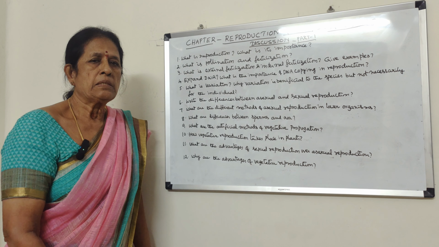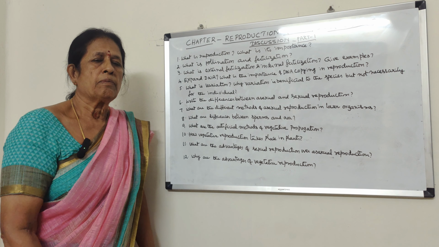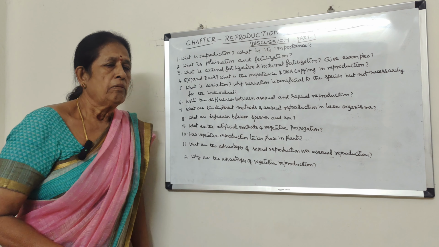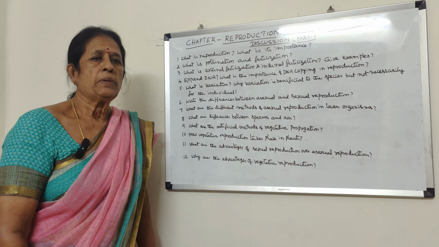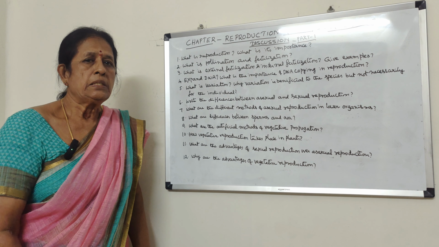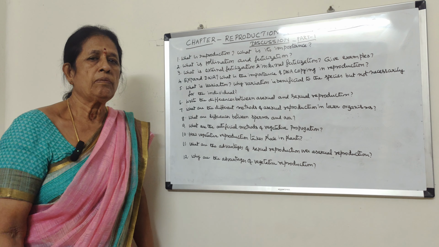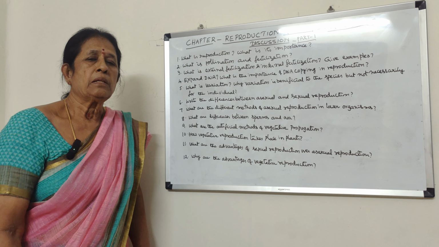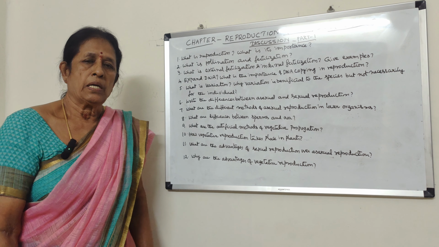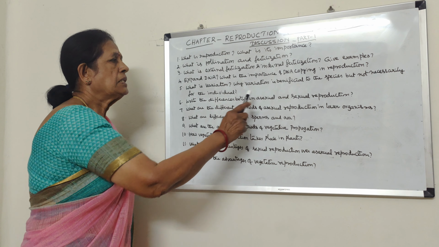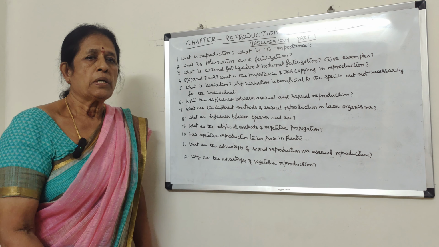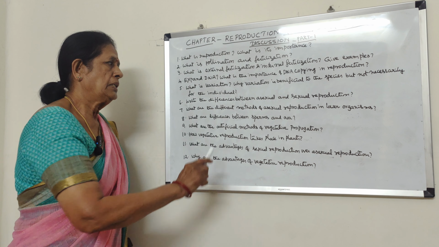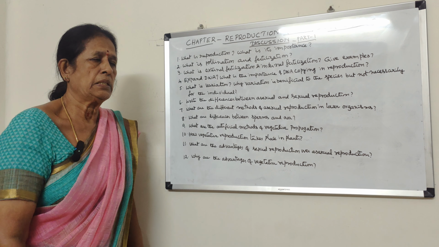If some disease occurs, some famine occurs, some flood occurs, the whole species will be wiped out. But when there is variation, what happens? Naturally, nature in the form of food, shelter, environment will choose the organisms with good characters and eliminate the organisms with harmful characters. So that is why variations help in the process of evolution and for the formation of a better generation. That is the importance of variation.